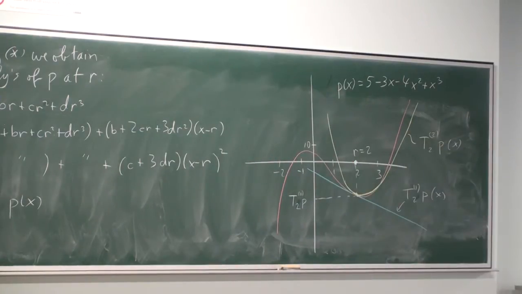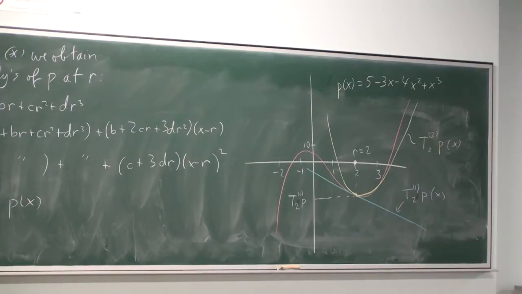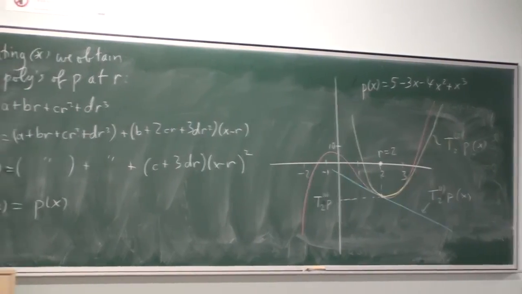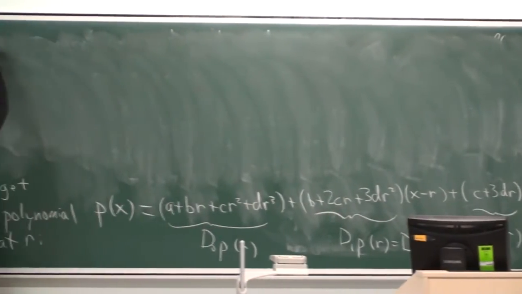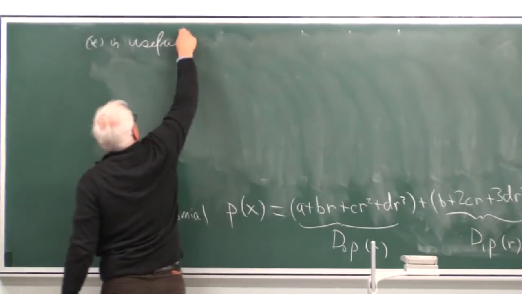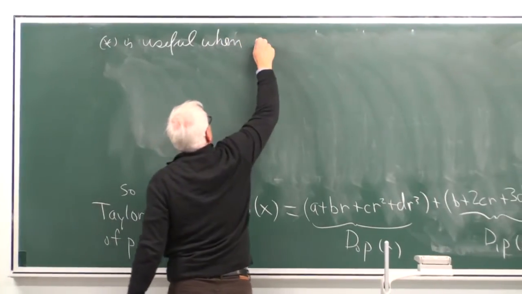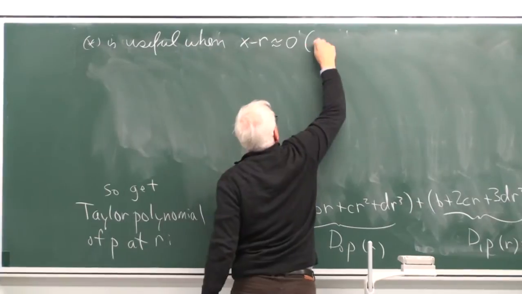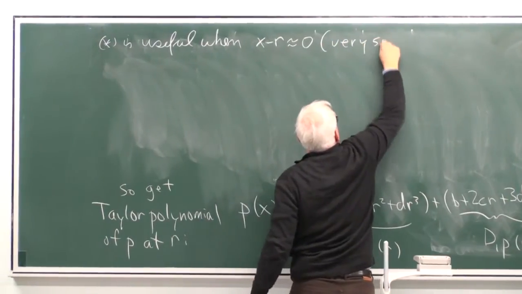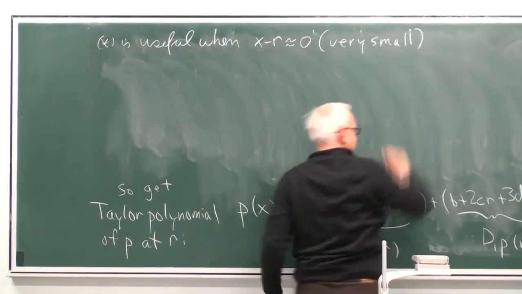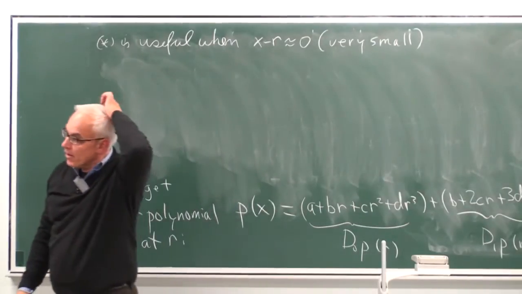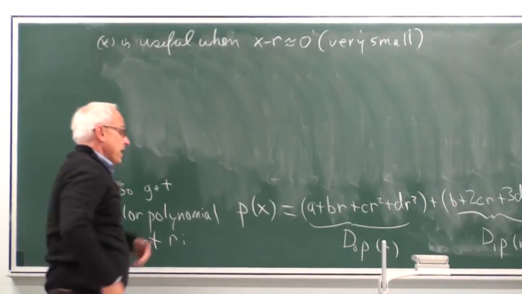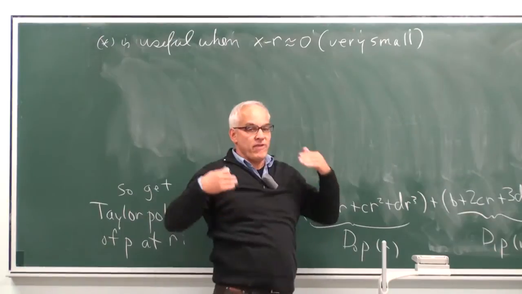Okay, so let's have a look at, first of all, the geometrical significance of these things. So we should think about this formula, star, as being useful when x minus r is very, very small.